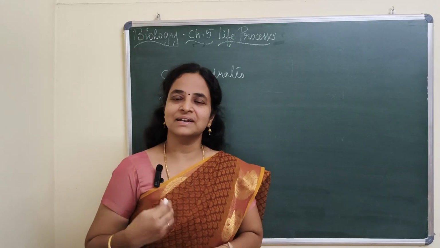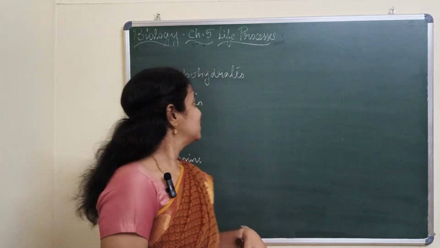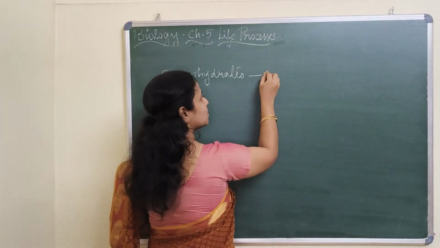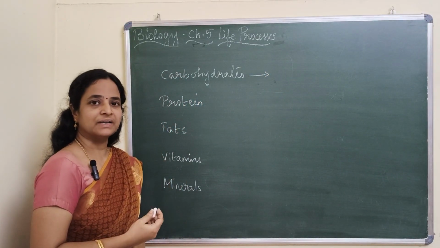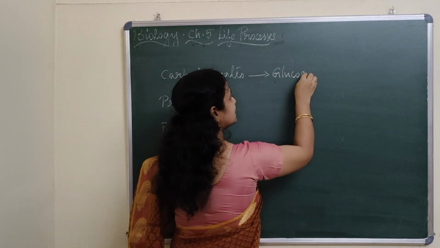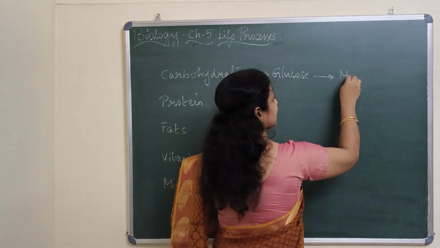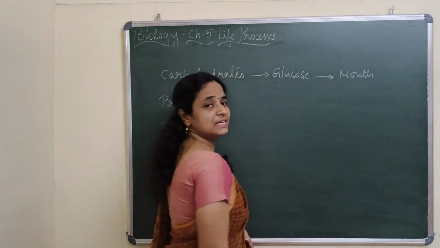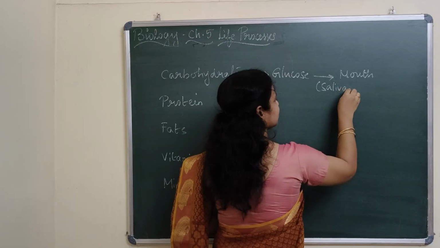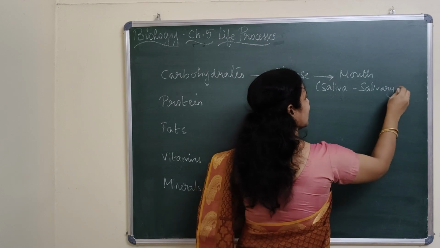Any ideas, children, where carbohydrates get digested in our body? Okay, let me tell you. So the first component is carbohydrate. The complex form is carbohydrates, which turns into the simpler form, glucose.